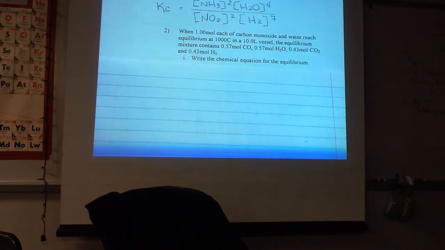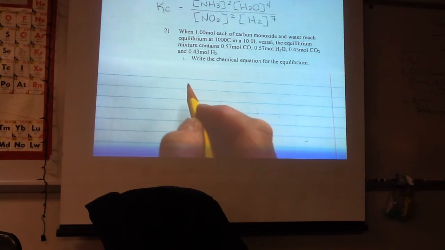What do you first have to do after you balance this equation that's a little bit different than the previous couple problems? Well, you've got to write the equation in equilibrium.